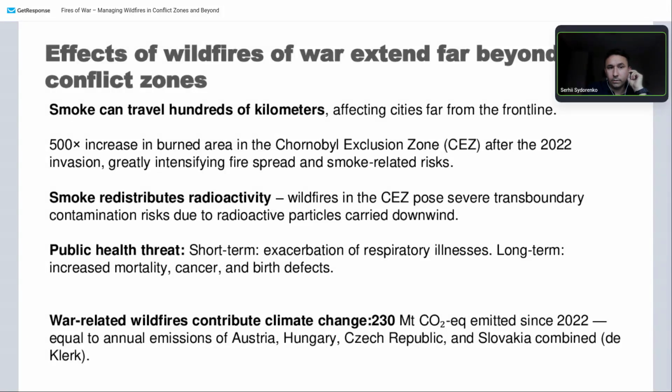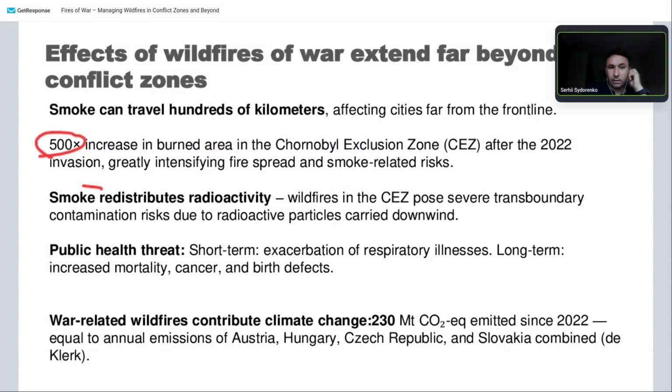And in 2022, we had a huge area of wildfires there because Russians used this territory to invade Ukraine and try to surround Kyiv. They moved through the Chernobyl exclusion zone, and it led to the burned area increasing 500 times.